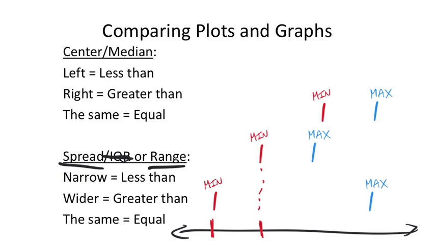If it was a median, maybe the median is right here for this one, and maybe for this one down here the median is a little bit further to the left. That can happen too. But again, we would compare them to the number line down here, and this median being further to the right than this one makes it greater than.